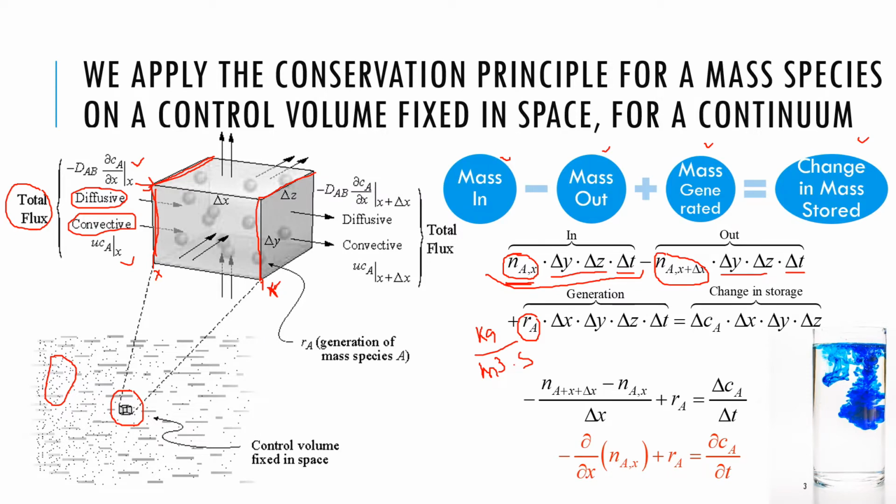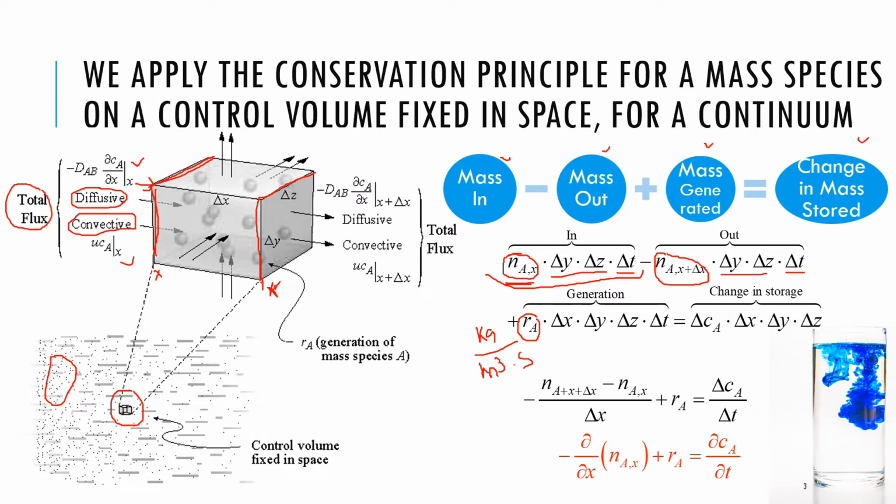Suppose we are doing a balance for the dye. If the dye degrades inside the control volume, then RA would be this loss, the degradation of dye in kilograms per meter cube per second. That much would be gone. In that case, of course, it will be a negative value.